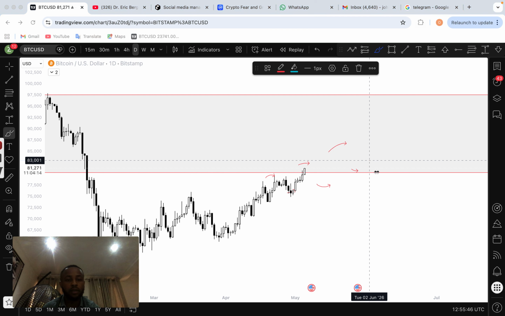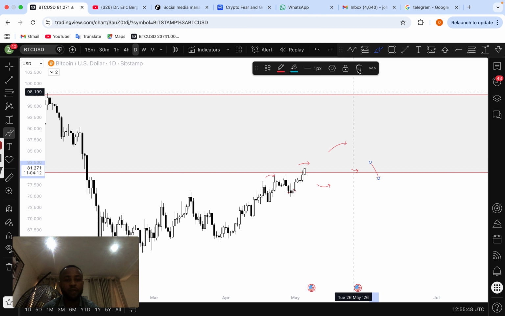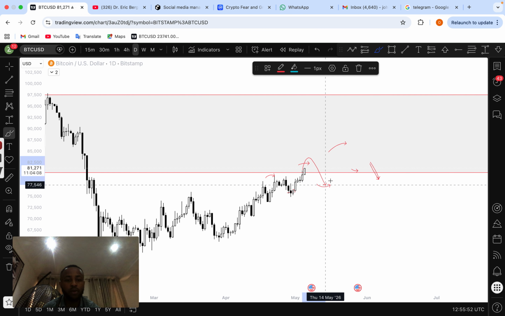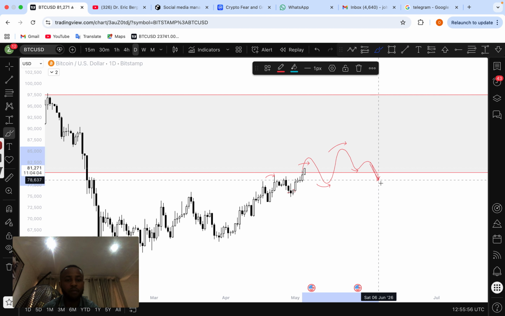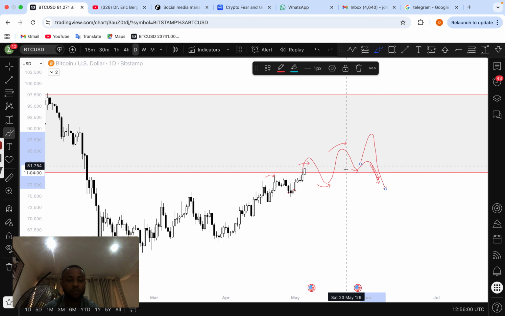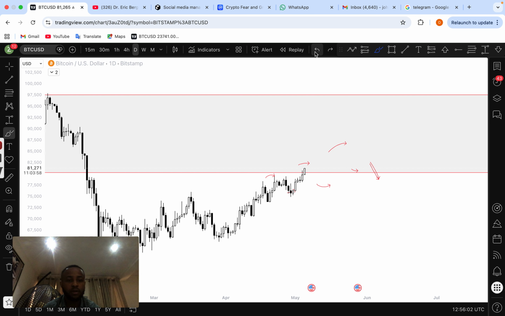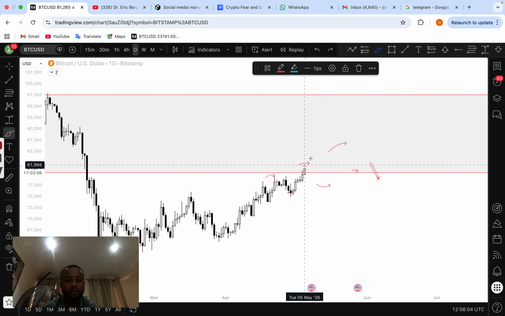Then we will eventually have a market structure break. So something like this: higher high, higher low, high, low, high.